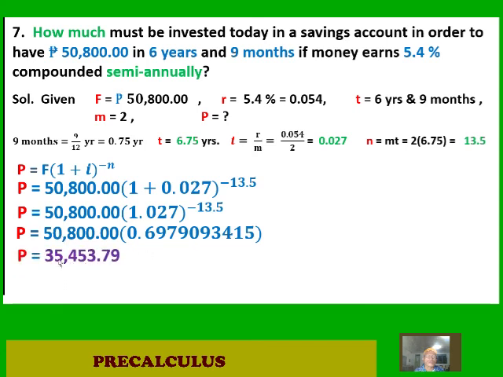So the present value is 35,453.79 pesos. This is the amount invested. Then after 6 years and 9 months, it becomes 50,800 with this nominal rate compounded twice in a year. Okay, that's enough.